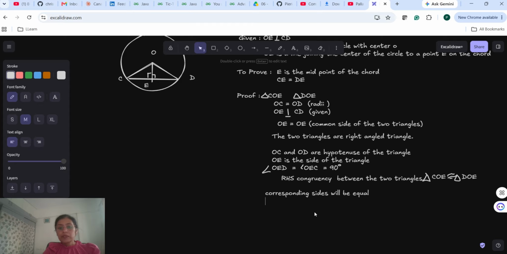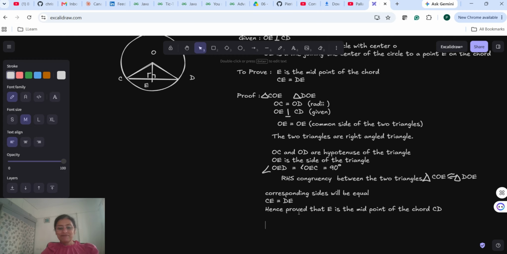Which corresponding sides do we need to prove equal here? I already told you, right? CE is equal to DE is something which we had to prove. So for these two triangles, CE and DE are corresponding sides. So CE will be equal to DE, and hence proved that E is the midpoint of the chord CD.